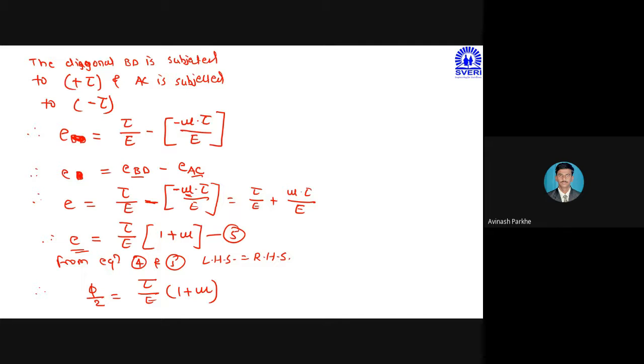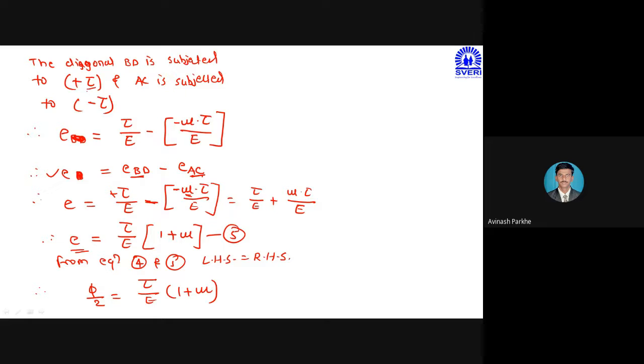That means if we subtract the strain in AC from the strain induced in diagonal BD, we get the total strain in the body. Therefore, total strain is equal to E of BD minus E of AC. So E of BD means linear strain, because tau upon E, only tau upon E, and it is positive. Why? Because the shear stress is applied along the diagonal BD.